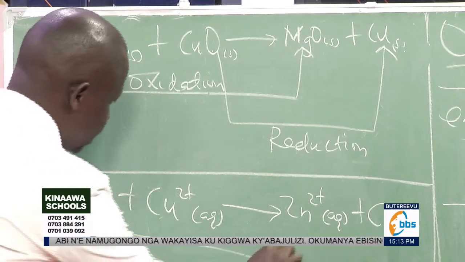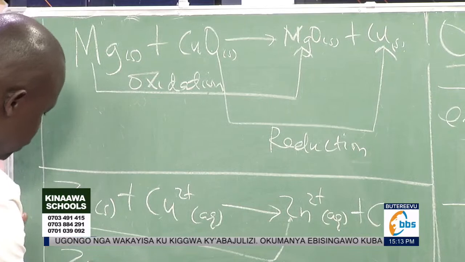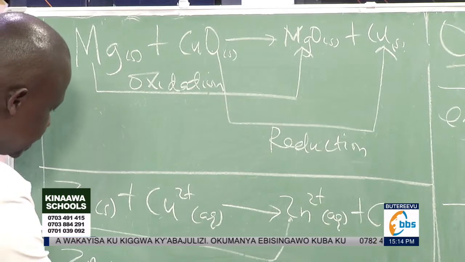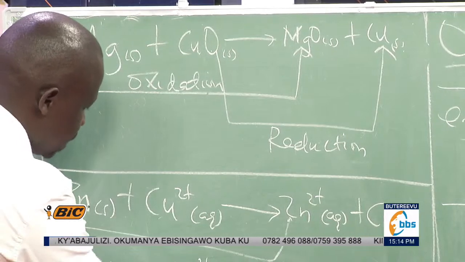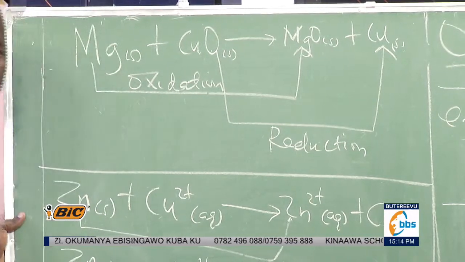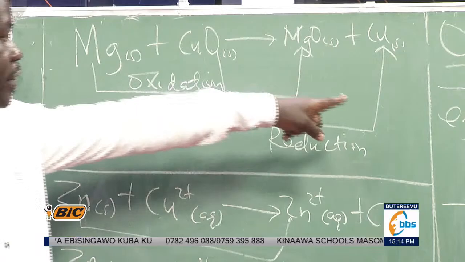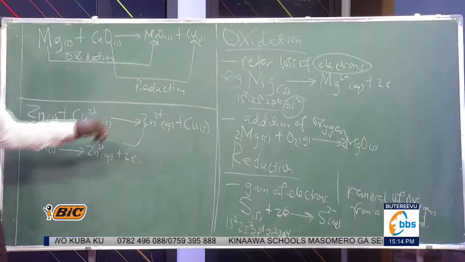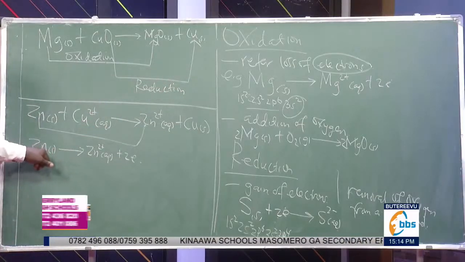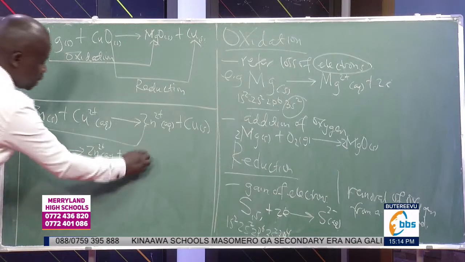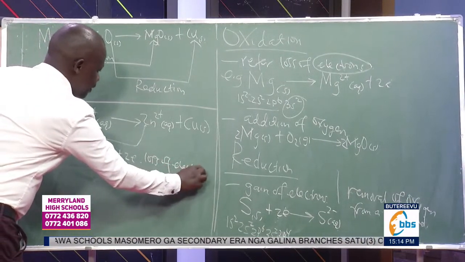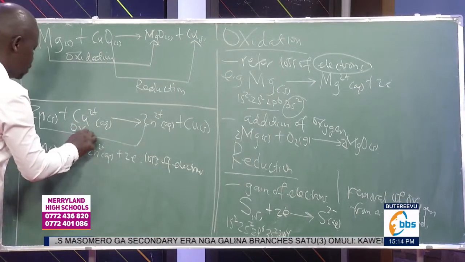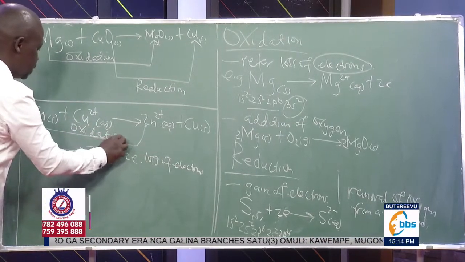Zinc is going to zinc 2 positive. So zinc solid is giving us zinc 2 positive aqueous plus 2 electrons. Then we go back to our definition. What's oxidation? Oxidation is loss of electrons. So this one is called oxidation.